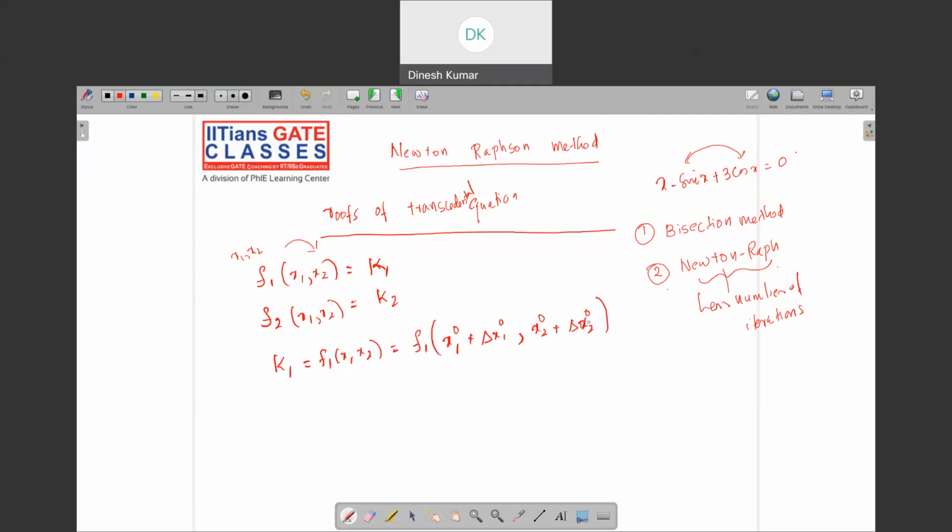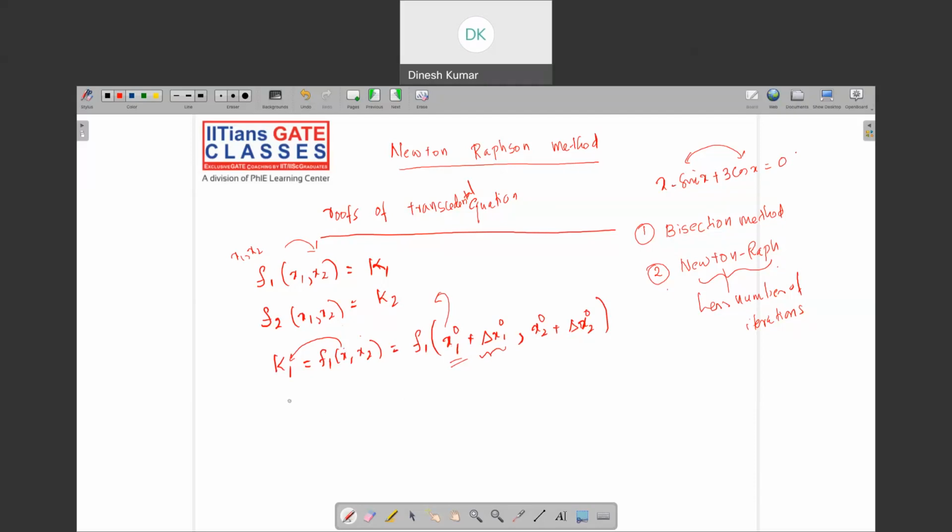So there are some values of x1 and x2 that give this k1. We take some initial guess x1 0, and we know that this may not be the exact solution, because we don't know the exact solution. But if we add something to this, that will be the exact solution, because there will be some error. That is basically delta x1 0 and delta x2 0.